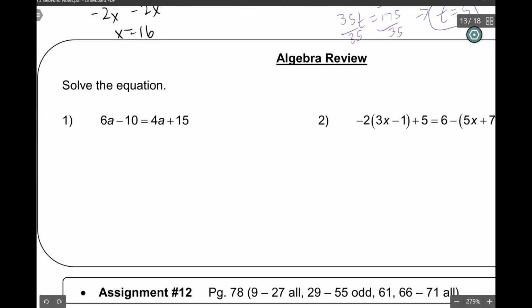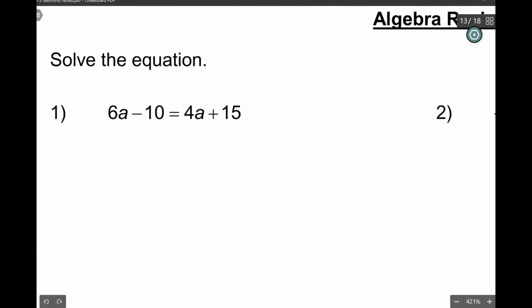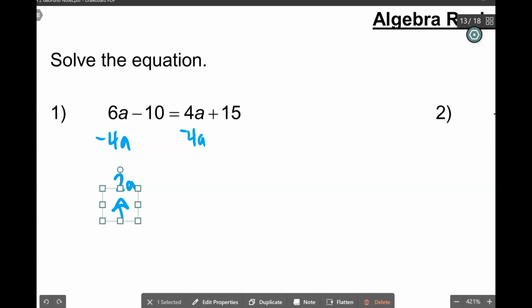Last part, algebra review. Definitely come to bonus if you need more help doing this. We want to move everything with a variable to one side and everything without a variable to the other. So first step, I'm just going to move everything to the left. That way I have a positive coefficient in front of a. Okay, then I'm going to rewrite everything I just had.